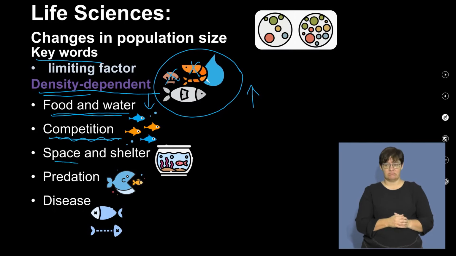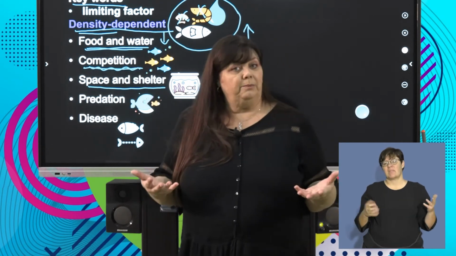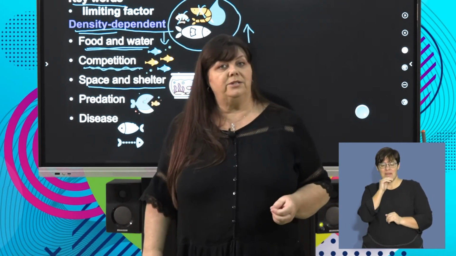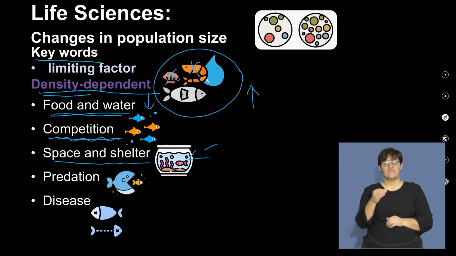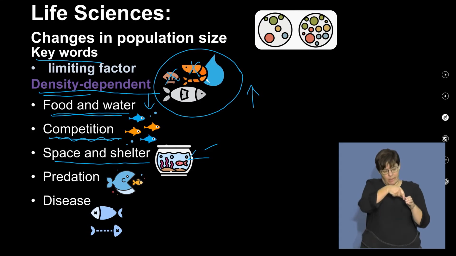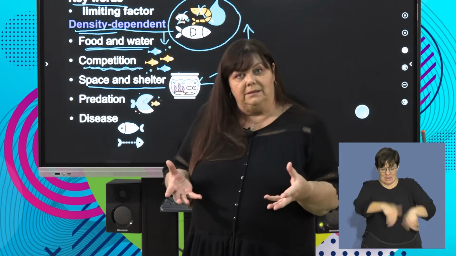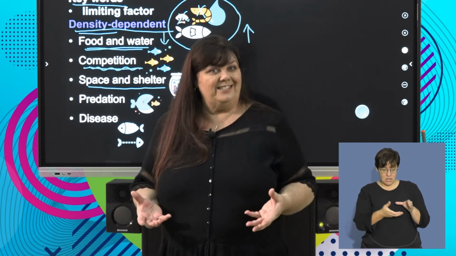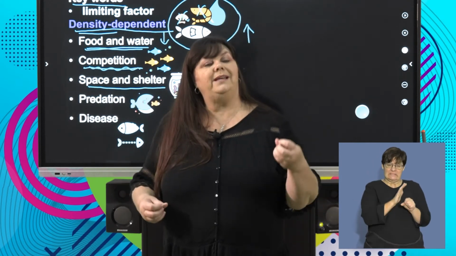What about space and shelter? We're talking here in our set of examples about an aquatic ecosystem. So this poor little fish, inside its bowl, has very limited space. And so we can't, in that little artificial ecosystem, put 20 fish because there's not enough space.